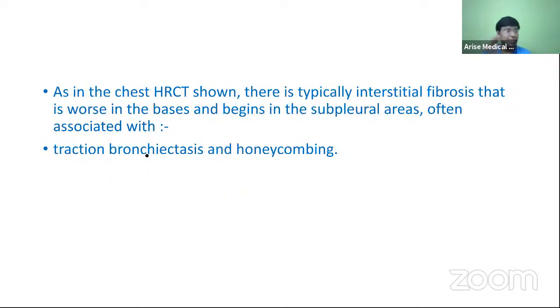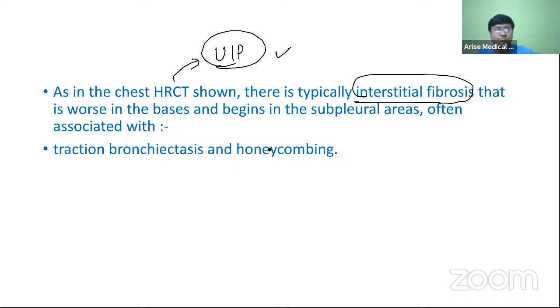Now, the HRCT in case of usual interstitial pneumonia will show typical interstitial fibrosis, presence of honeycomb pattern, presence of traction bronchiectasis pattern. That is what you will see in the HRCT in patients with usual interstitial pneumonia, right?